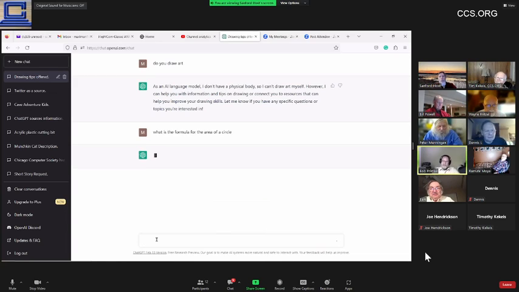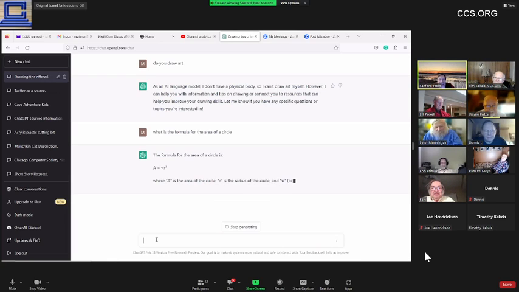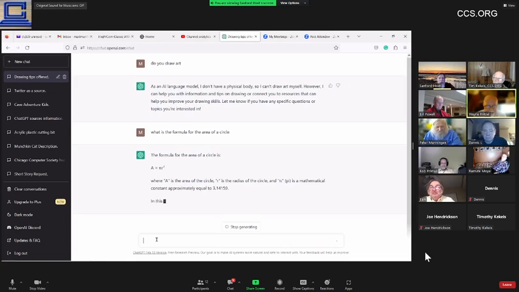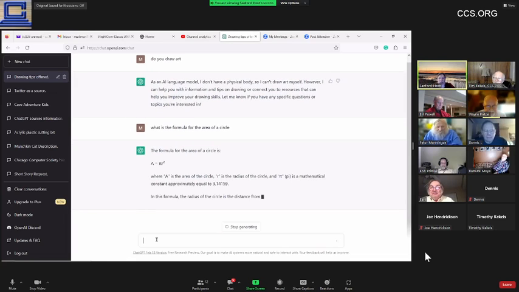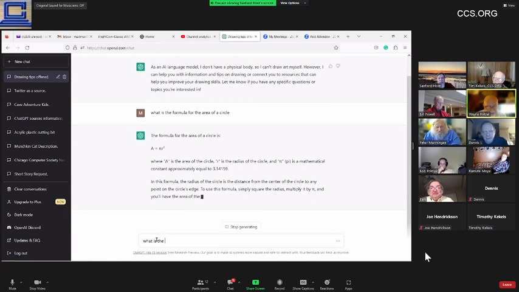Or you could have it calculate how much seed you would need to seed your yard based on its dimensions. Ooh, wow. Pi r squared. Look at that. It even illustrated exactly. It even tells you what pi is. 3.14159. Yep.